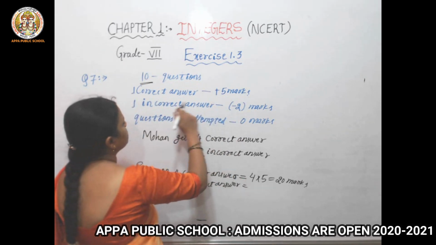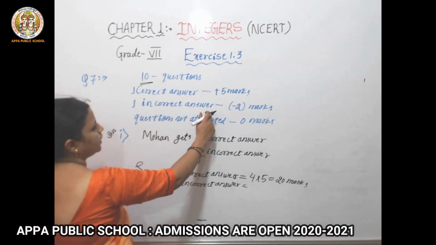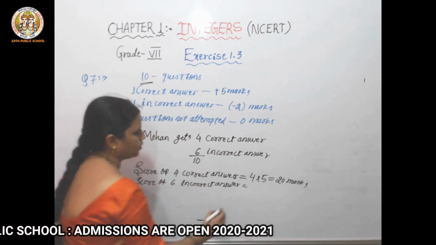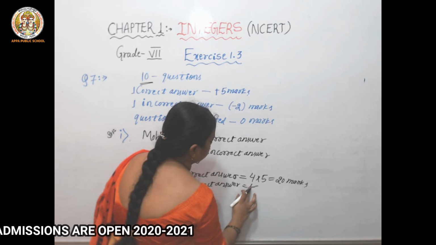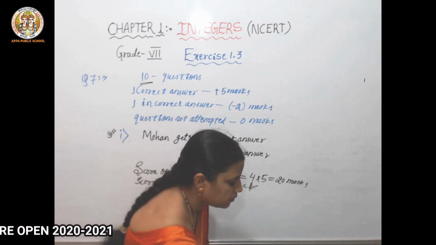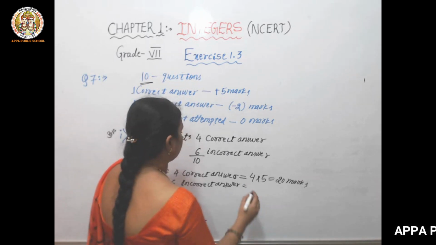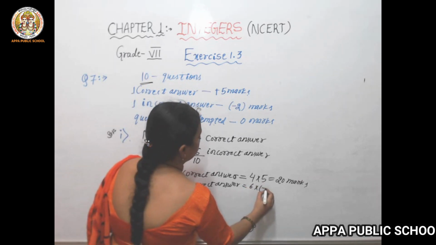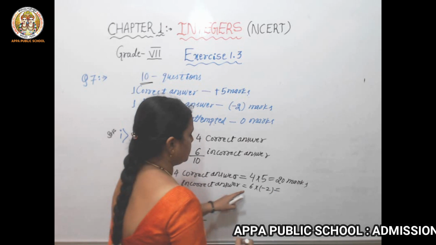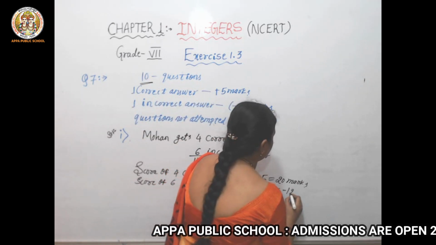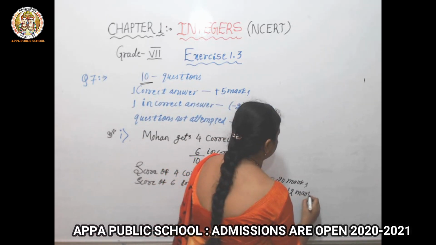You know that 1 incorrect answer is -2 marks. So it is 6 into -2. 6 2s are 12, plus into minus is minus, so -12 marks.